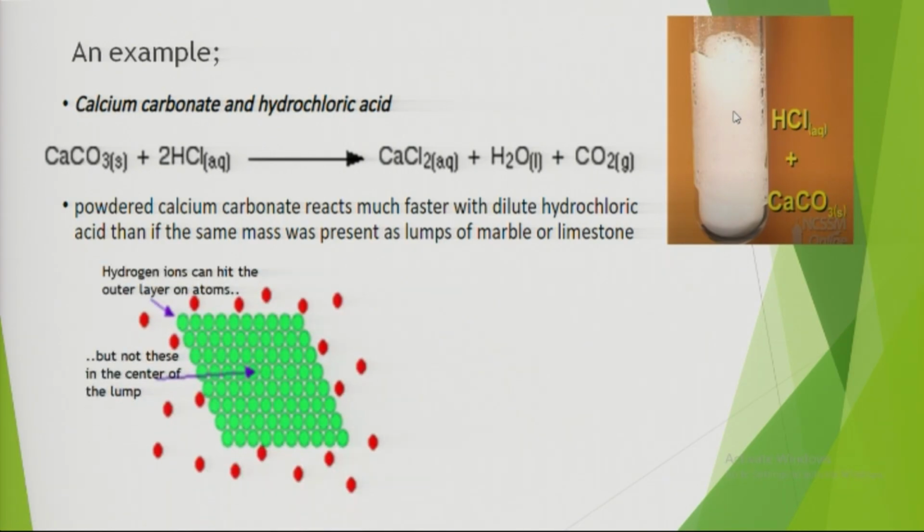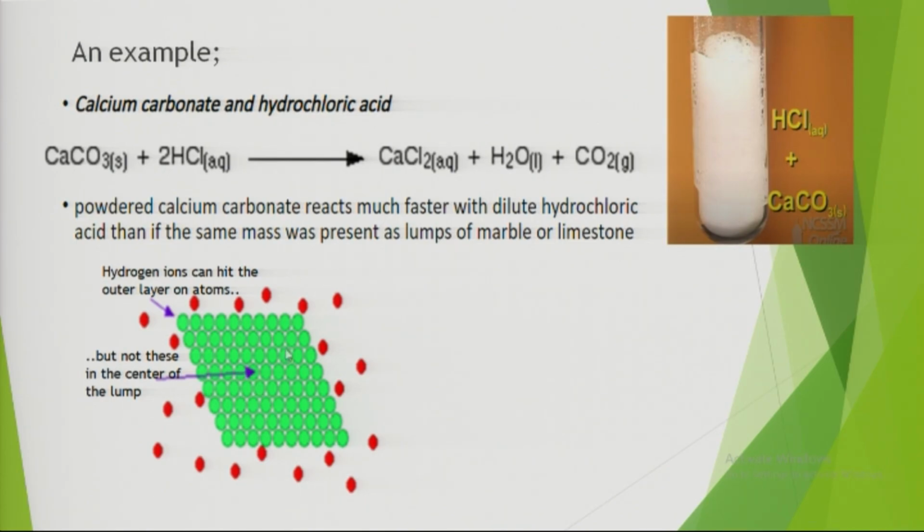So, if we use the green particles to be for calcium salt and the red particles to be for hydrogen ions, what do you notice? The reaction will take place at the surface. You see these red surrounding the green. The inner part remains, the particles are not taking part in the reaction.